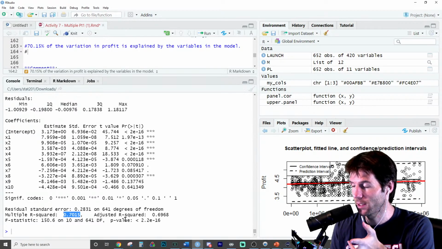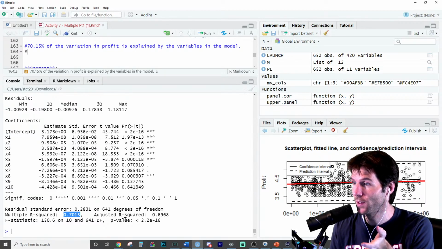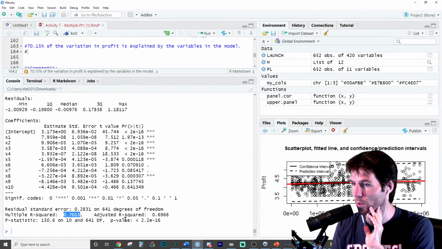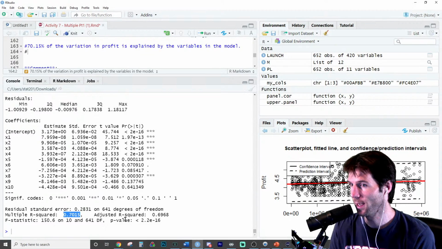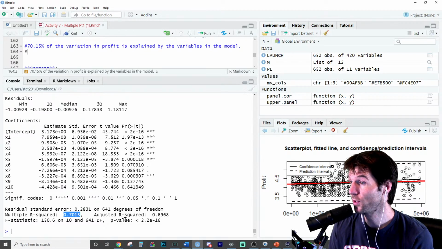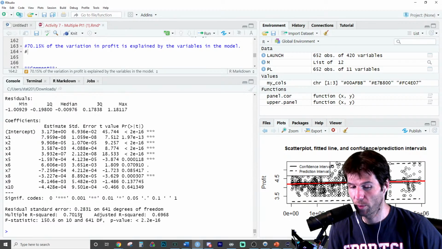So every time you add an x to the model, we're explaining more. Put an x in the model, r squared increases. So every time you add an x, r squared increases.